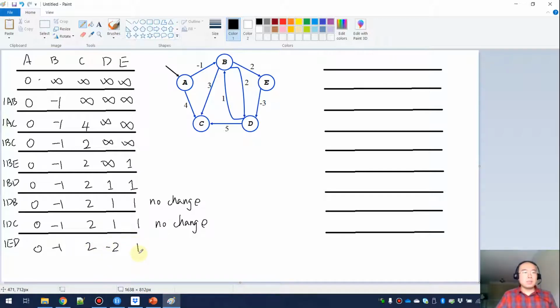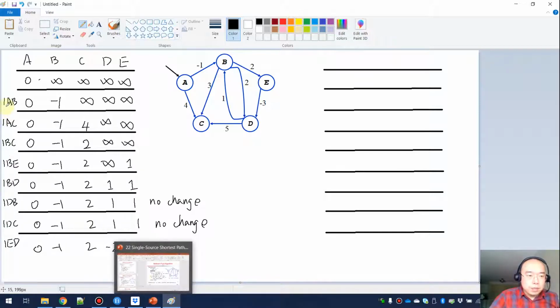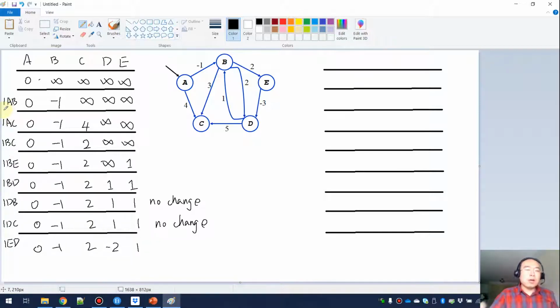Okay, so that's it. Remember, we haven't finished yet. In this iteration, we have only visited all the edges once. And remember how many rounds we have to do? We have to do a total of 4 rounds, right?